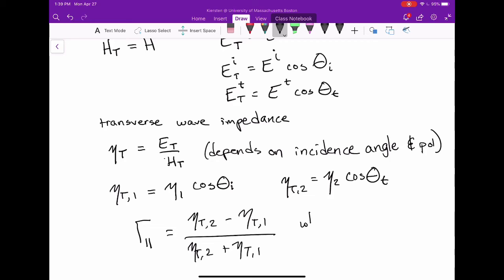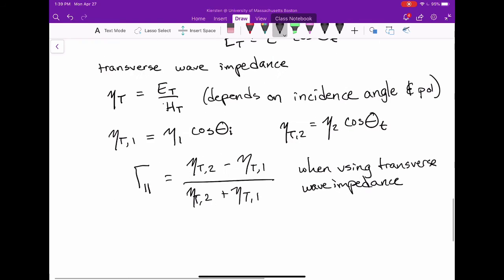So when you're using transverse wave impedance like this, the expressions for the reflection coefficient look exactly like the ones from your transmission line problems. Plane waves just work like transmission lines.